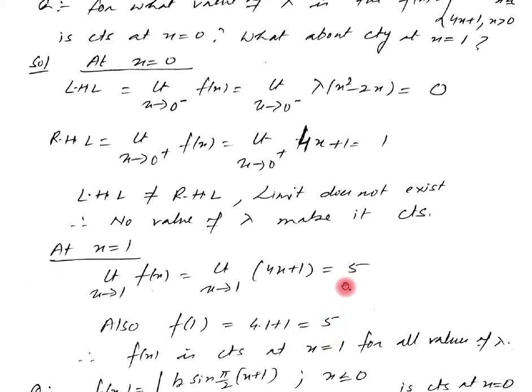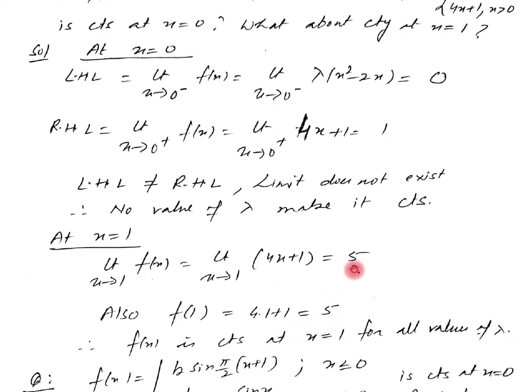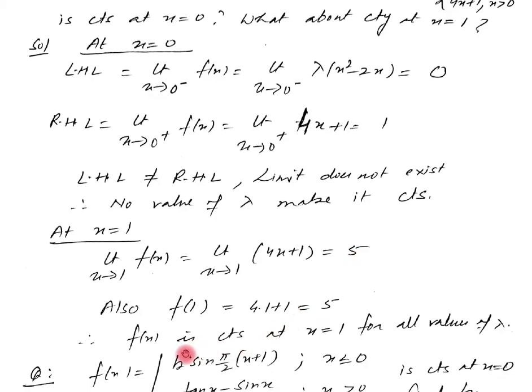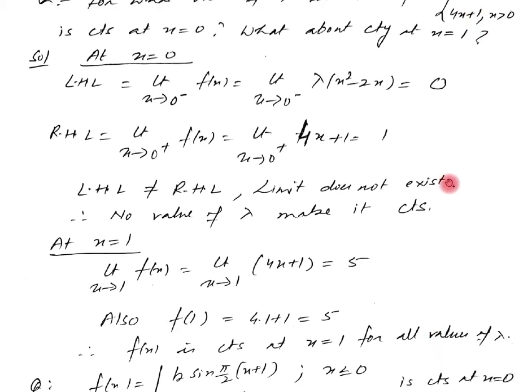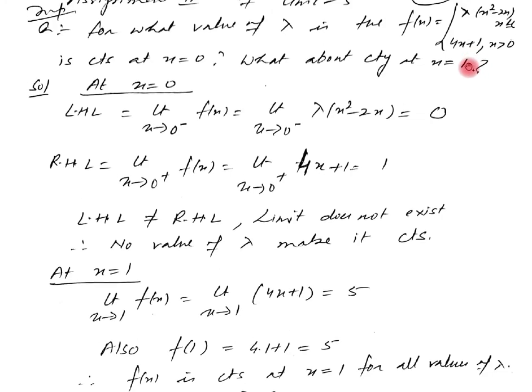Now here the limit of the function is equal to the value of the function, so we can say the function is continuous at x equal to 1 for all values of lambda, because this expression does not depend upon lambda, only the above depends upon lambda. When finding the limit at x equal to 0, we got the left hand limit not equal to right hand limit.